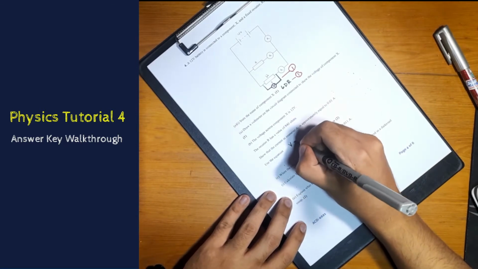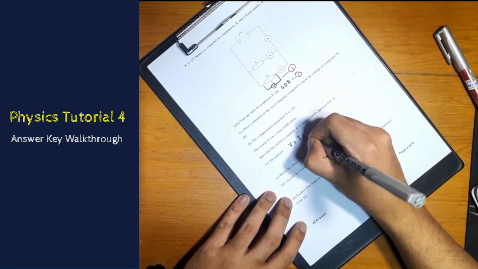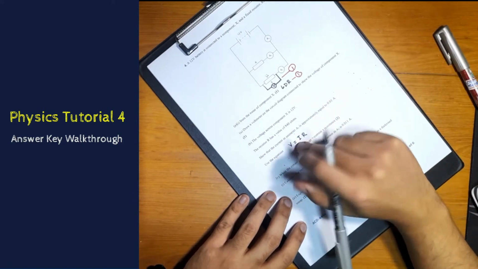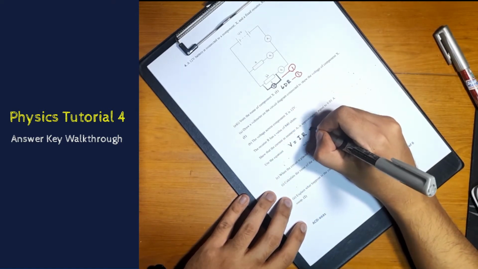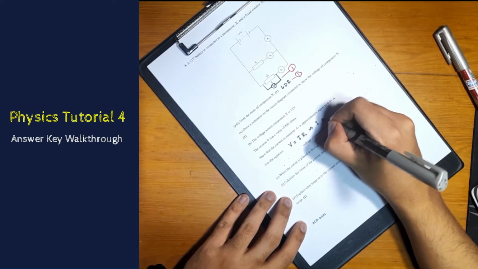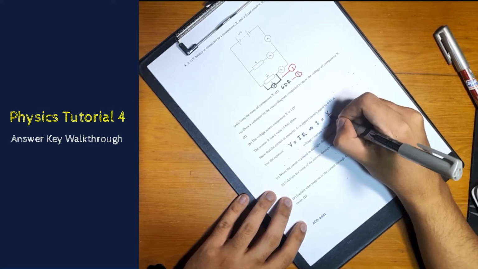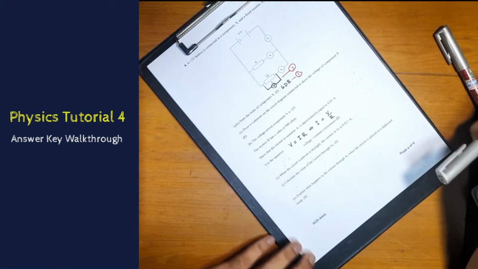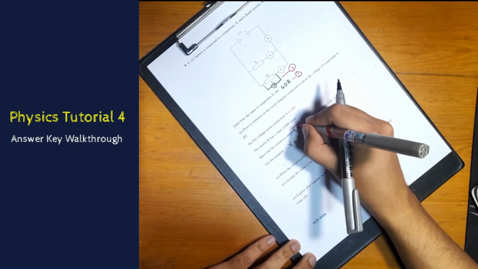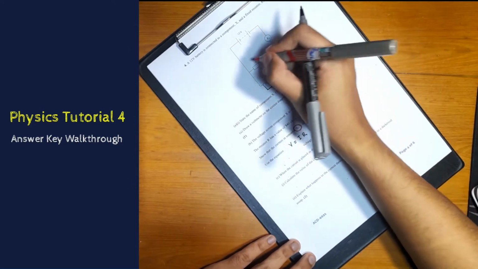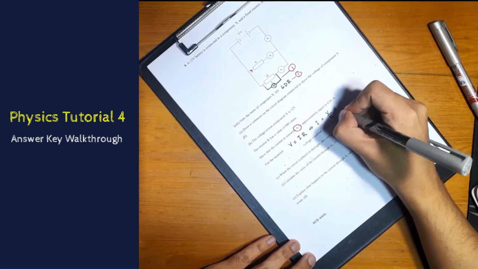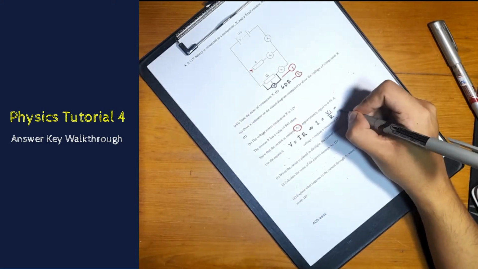V is equals to IR, right? And we want the current, so we try to change this equation. I is equals to V over R. Okay, so which one are we trying to measure? In A1, okay, which is here. All right, so it's V1 over, I would say, R1.